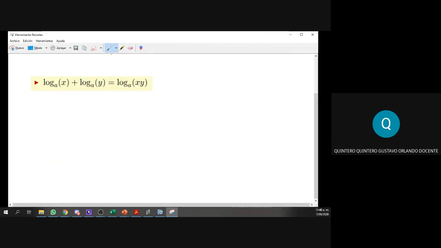This property explains the following. Whenever we have two logarithms, but these logarithms have two conditions.